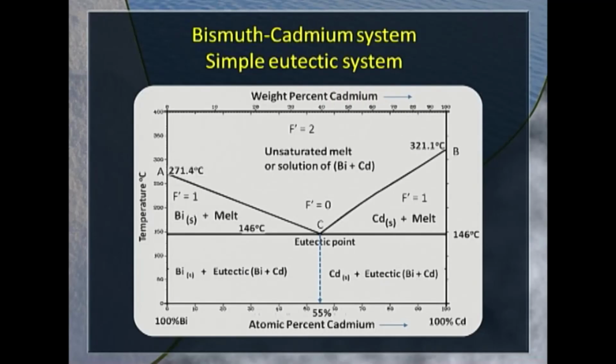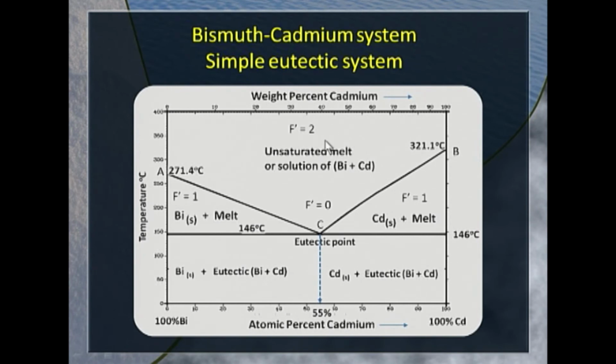You can clearly see that in this system, the eutectic temperature is much lower than the melting points of the two metals from which it is formed. Curve AC is called the solubility curve of bismuth, and similarly curve BC is called the solubility curve of cadmium, and the values of degrees of freedom are shown.